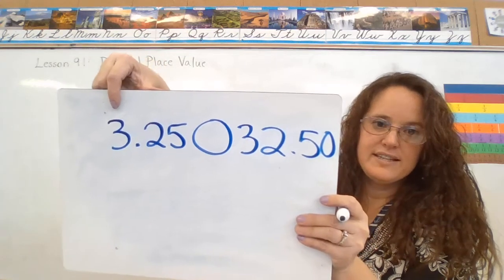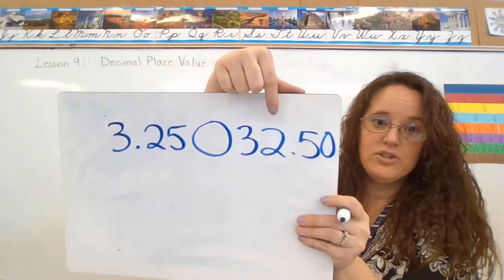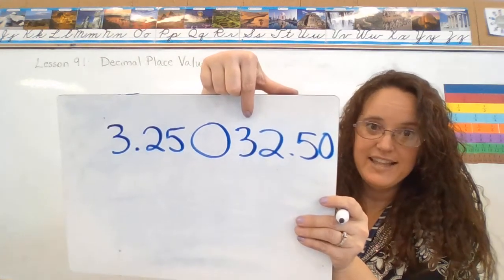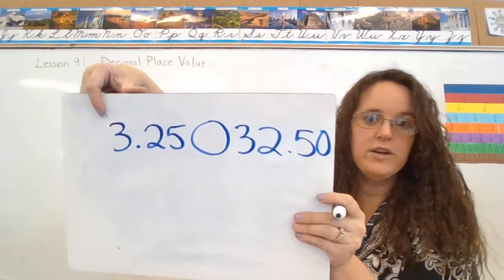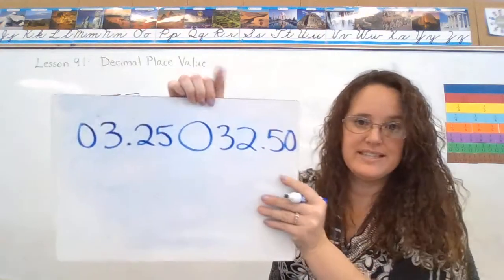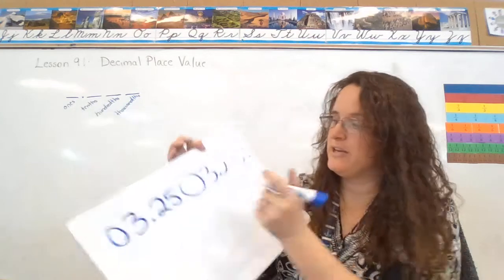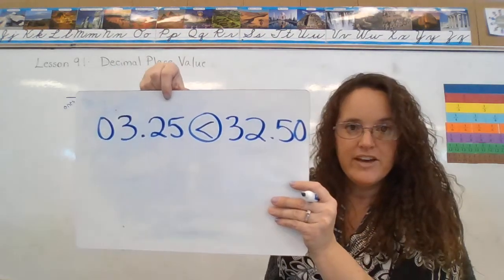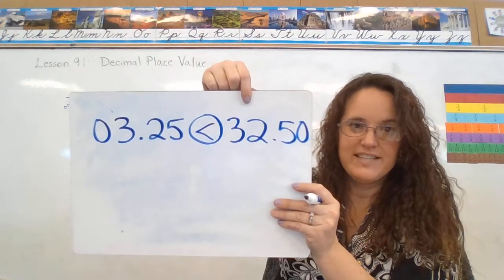So this is the ones place. This 2 is in the ones place here, but look, here we have a number in the tens place. Tens are greater than ones. We don't have any tens over here. In fact, I could fill in a 0 to say there's 0 tens. So this is going to be the bigger number, which means we would say 3 and 25 hundredths is less than 32 and 5 tenths.